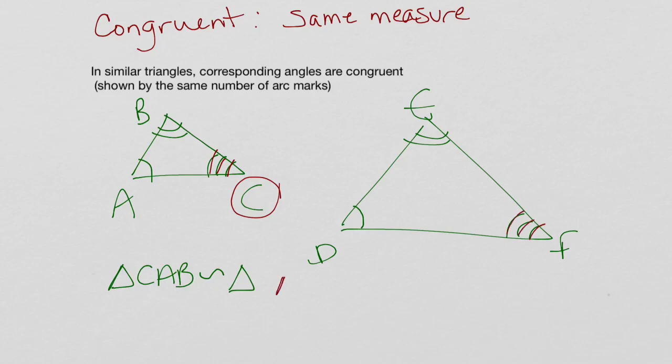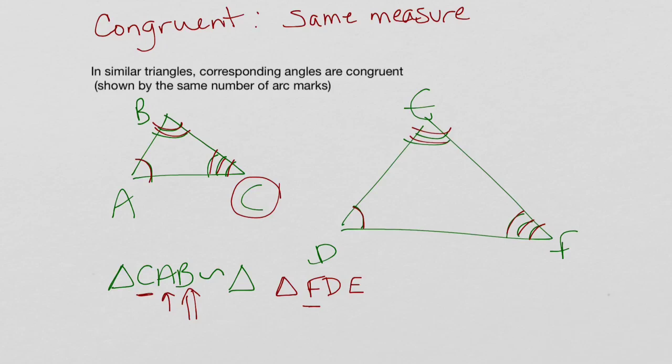So the first vertex I'm going to label is angle F. So C matches with F, then A, which has 1 arc mark, matches with D, and then B, which has 2 arc marks, matches with E. So if I name the first triangle CAB, I have to name the second one FDE. I have to name it in corresponding order of letters.